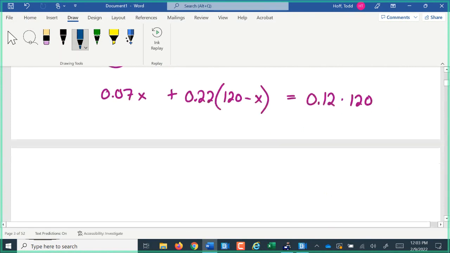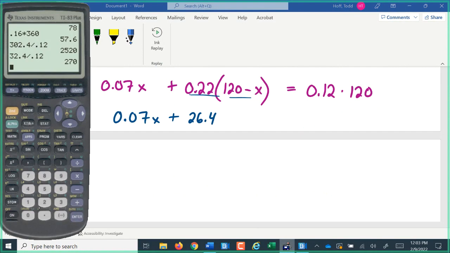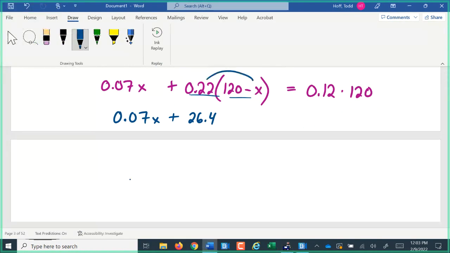So let's combine. On the left side, the 0.07x hasn't changed yet, but we do have to distribute the 0.22 through the parentheses. 0.22 times 120. I believe that's 26.4. Double check it. It is. And 0.22 times the negative x is a negative 0.22x.